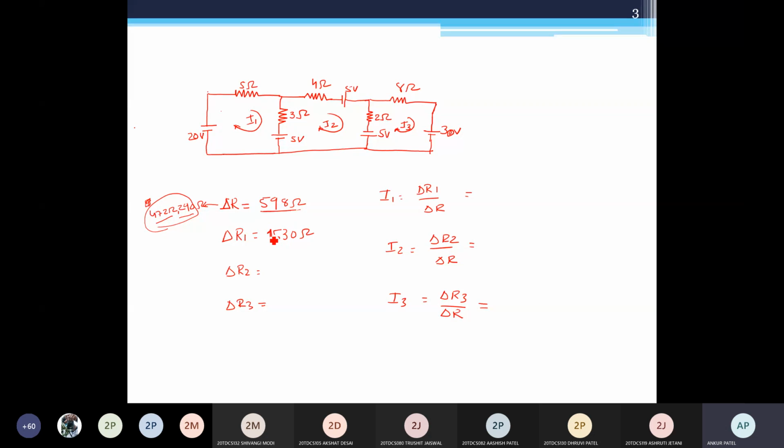Other ones? Sir, it's 1350. Delta R1 is equal to 1350. Anyone getting either 1530 or 1350?